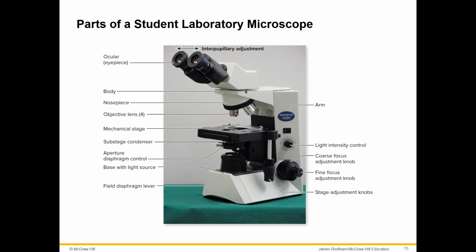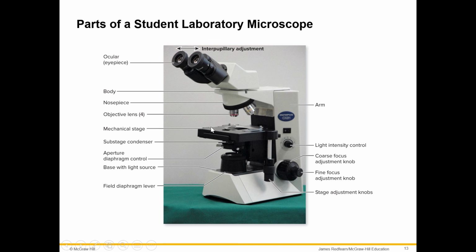And this is a picture of all of the different parts of a microscope. So we have the ocular lens or the eyepiece, the body, and the nose piece, which holds the objective lenses and allows those objective lenses to toggle to the different magnifications.